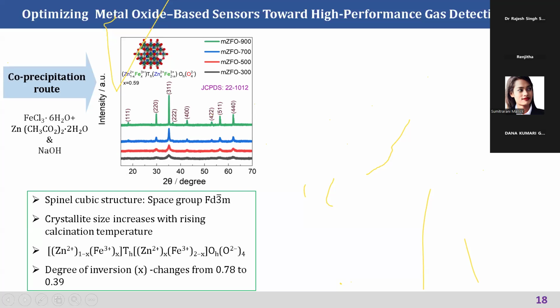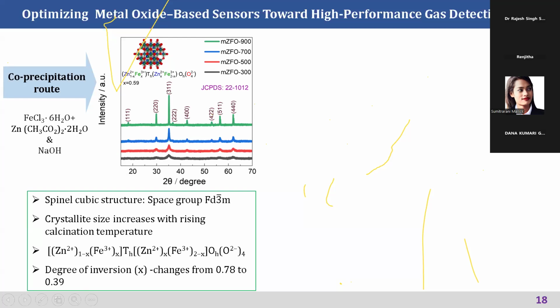Okay, and with the addition of sodium hydroxide, one can produce the zinc ferrite. Then you take the as-prepared sample and heat it at different temperatures. This is called different calcination temperatures. By changing the calcination temperature, we can tune the percentage of tetrahedral or octahedral occupation in the different sites in the crystal lattice.